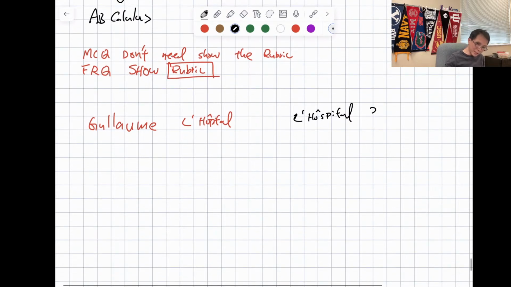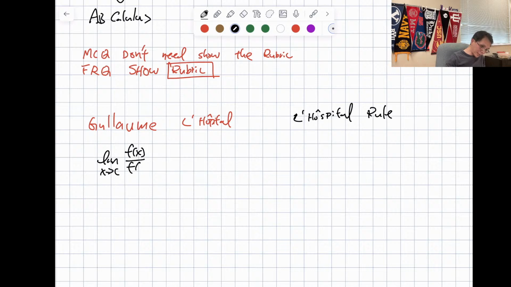So what is L'Hopital's rule? It's the limit as x approaches c of f of x over g of x. If this is indeterminate, then you can look at the rate of change of the numerator, which is f prime, and g prime.